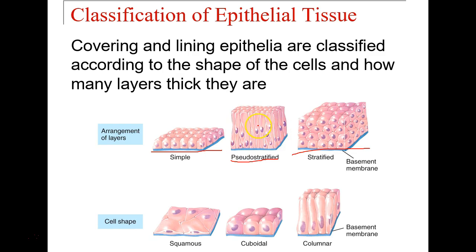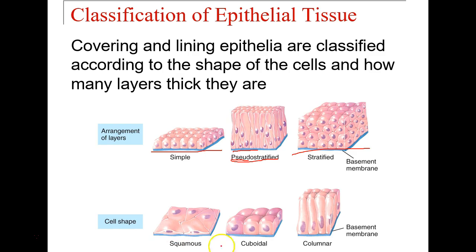What this means, it appears to be layered with these nuclei sitting on top of each other, but in actuality each cell is attached to the basement membrane. Therefore, pseudo meaning false, this is going to be falsely stratified. So that is the difference between those three layer types.